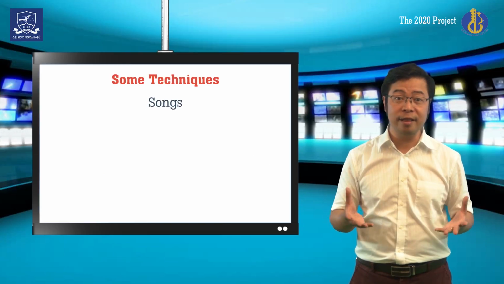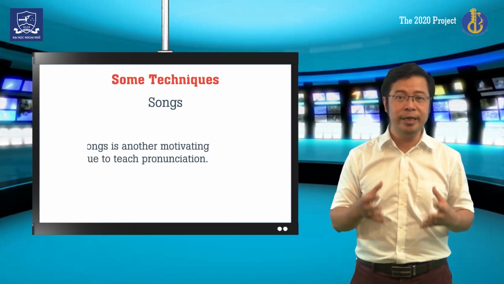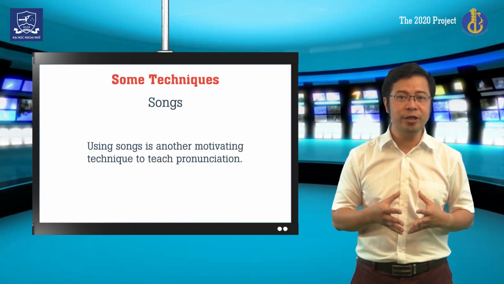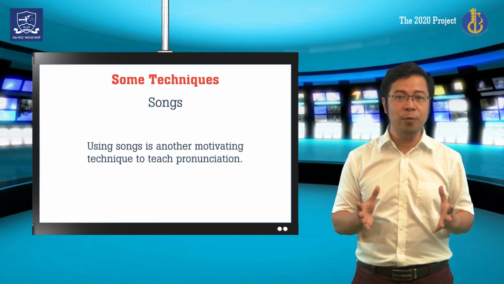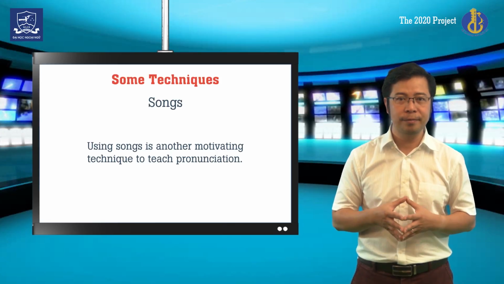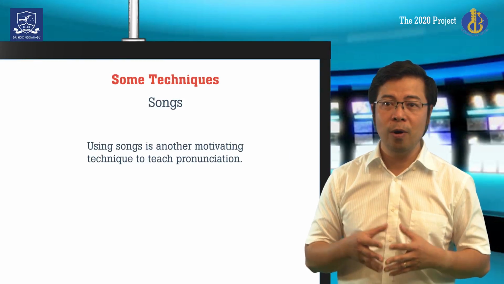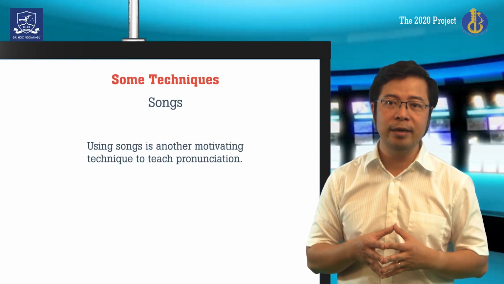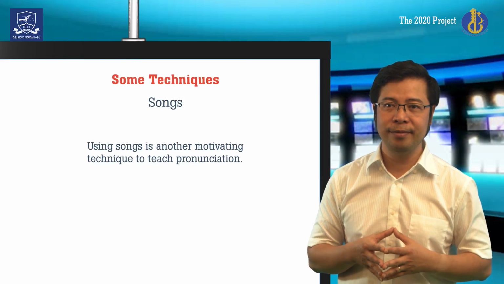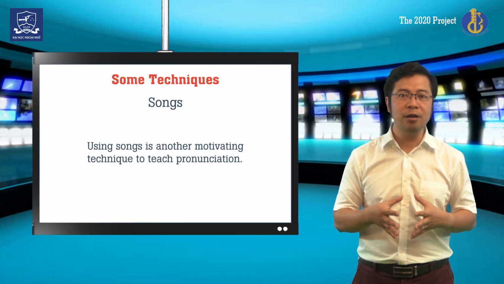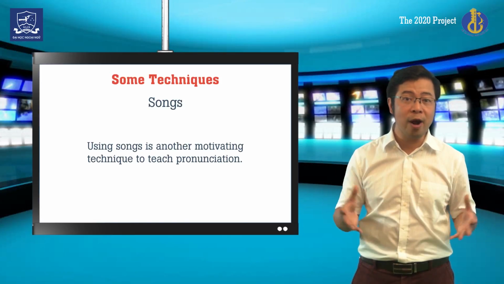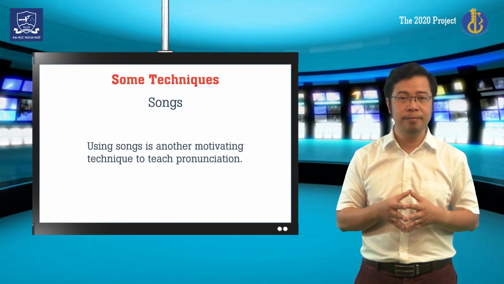Using songs is another motivating technique to teach pronunciation. It should be noted that teachers should design the task in which different aspects of pronunciation are practiced. One activity suggested by Lin can deal with the final consonants using song lyrics. Teachers can ask students to read some popular song lyrics out loud to practice final consonants.